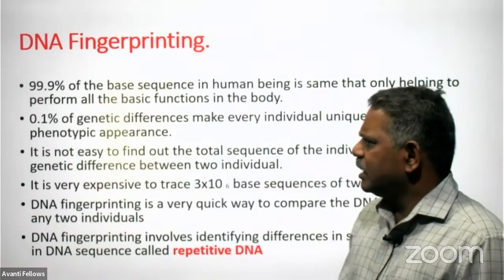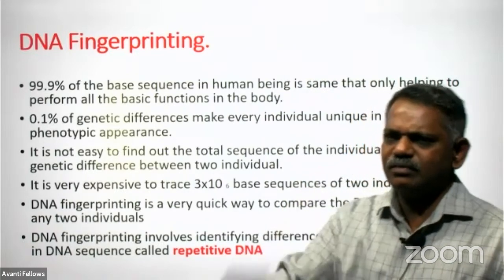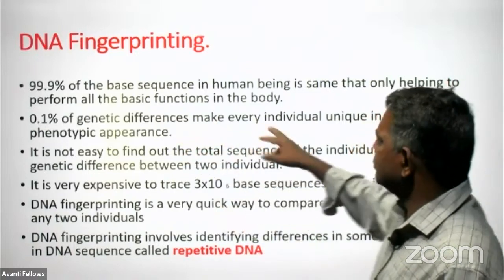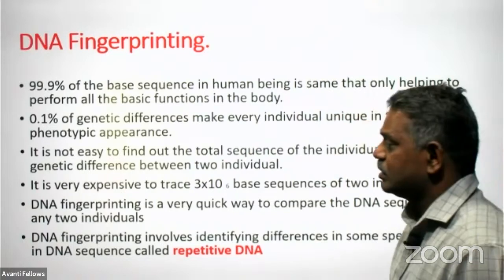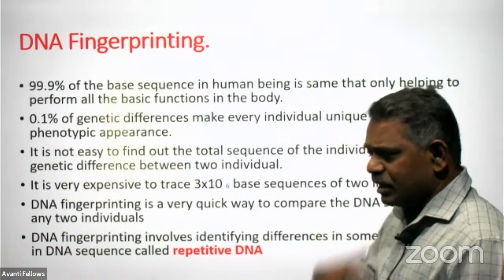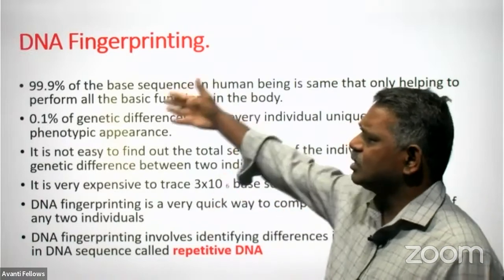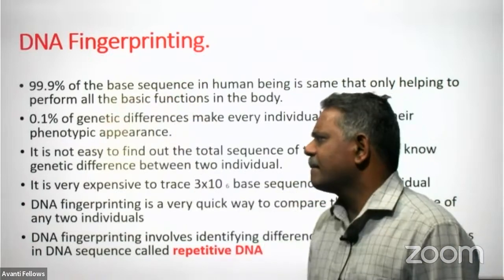That is only because of the 0.1% genetic difference. This 0.1% genetic difference makes every individual unique in their phenotypic appearance, but internal functioning and all other things are the same, only because of the 99.9% genetic similarity.